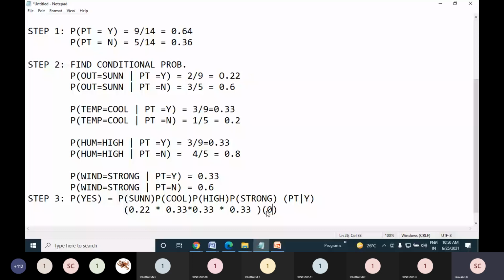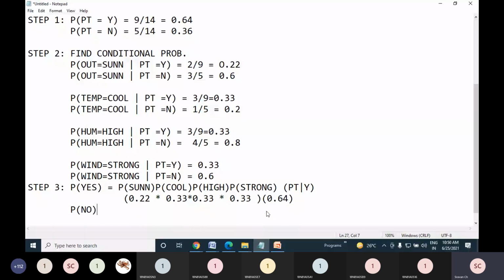Similarly, now I will calculate P of no. So same. Now instead of yes values from conditional probabilities, I should take the values for probability of playing tennis being no when outlook is sunny. So those individual conditional probabilities I should take. So PT of Y we have taken. Now PT equal to N we have to take. So for first parameter, its value is 0.6 into, for temperature equal to cool, it is 0.2.